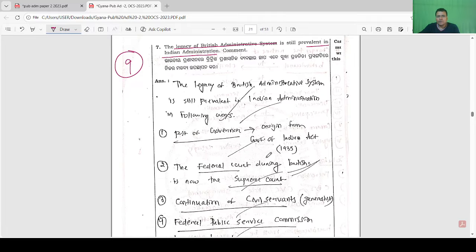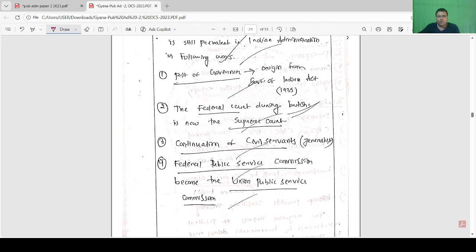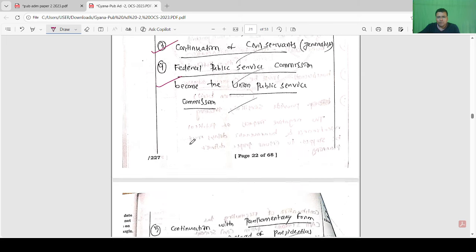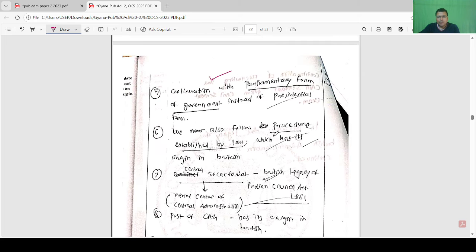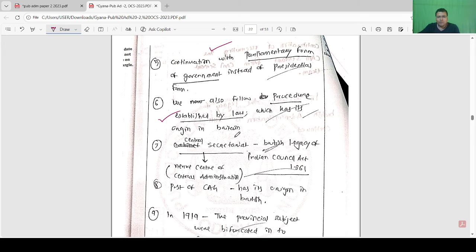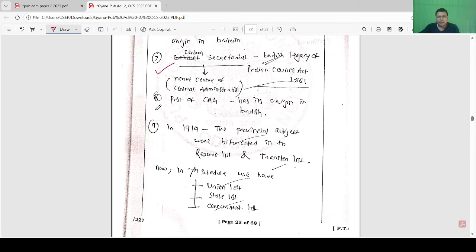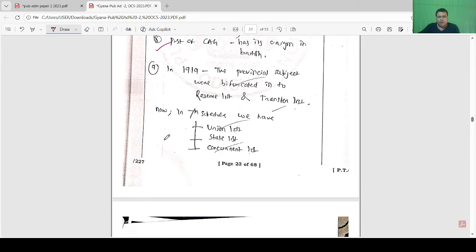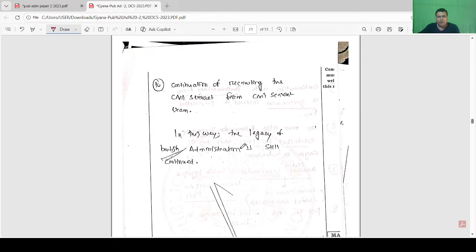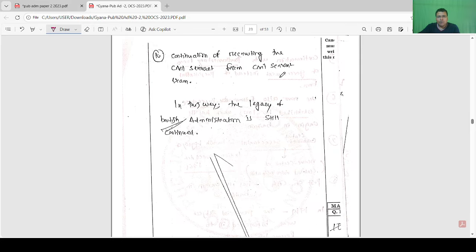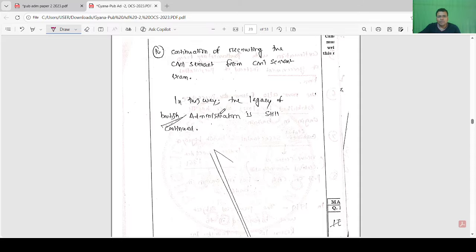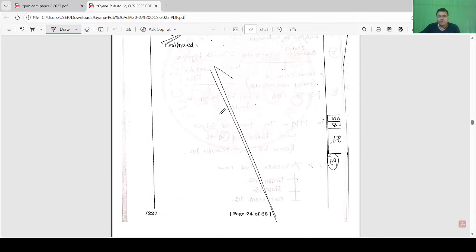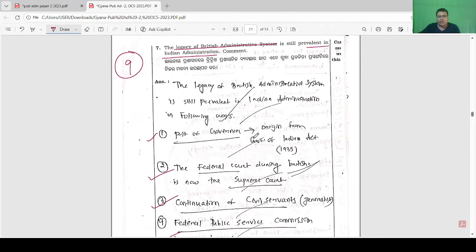The legacy of the British administrative system is still prevalent: post of governor, federal court, civil servant, federal public service commission, parliamentary form of government, procedure established by law, central secretariat, CAG, list, continuation of recurring civil service exam. He missed these, that is why he got 9 marks.